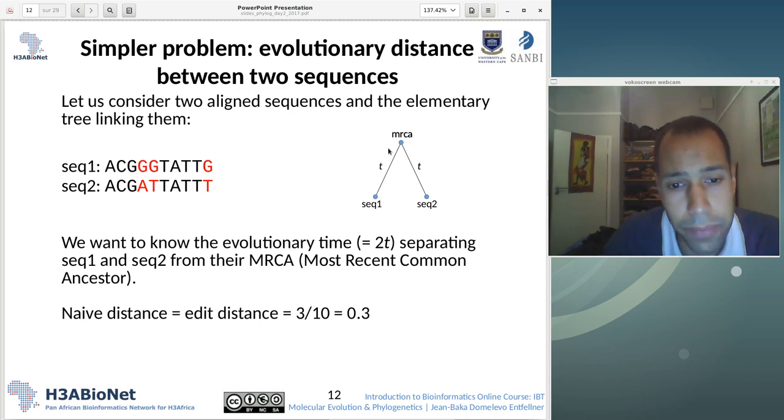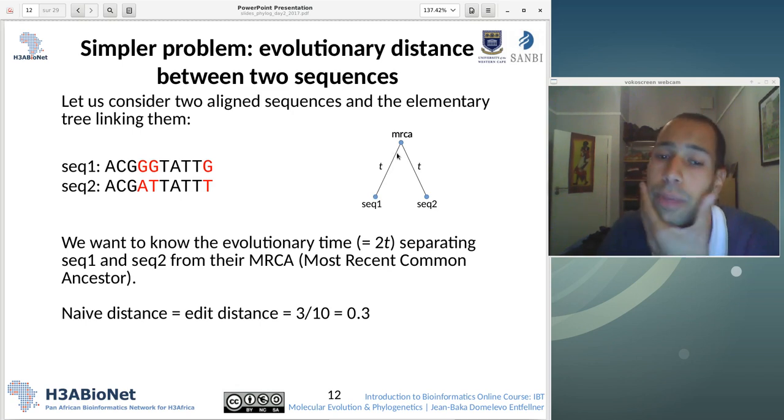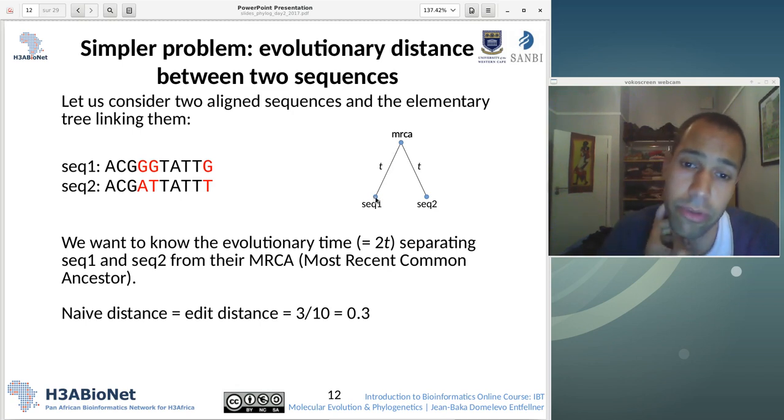We want to know the evolutionary time separating these two sequences. So if we wanted to build a tree on these two sequences, we would have such a tree with a certain time from the most recent common ancestor to sequence 2, and from the most recent common ancestor to sequence 1.